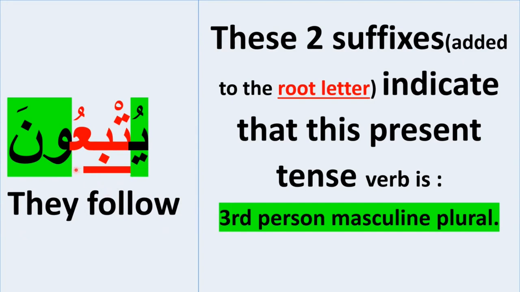Waw and una, these two suffixes added to the root word indicate that this present tense verb is a third person masculine plural.